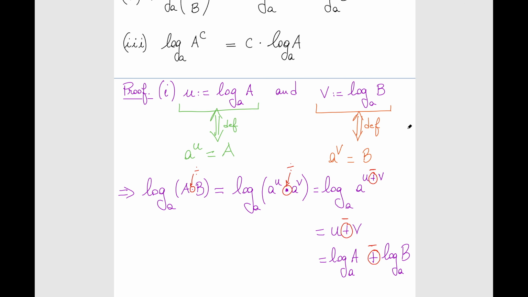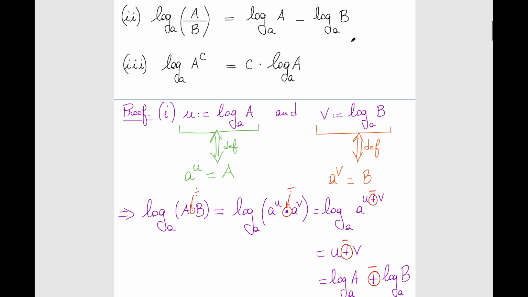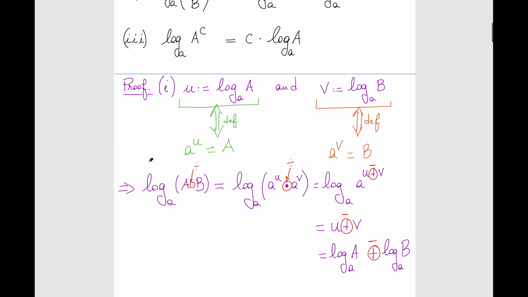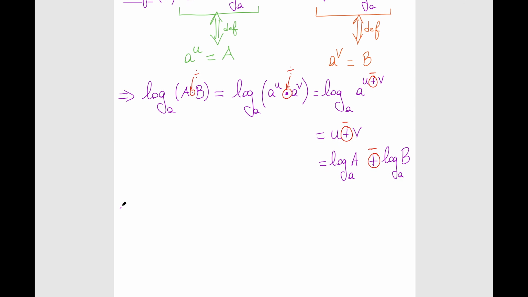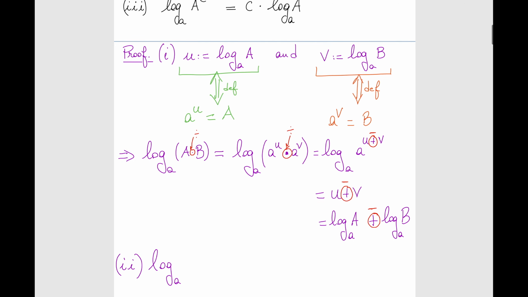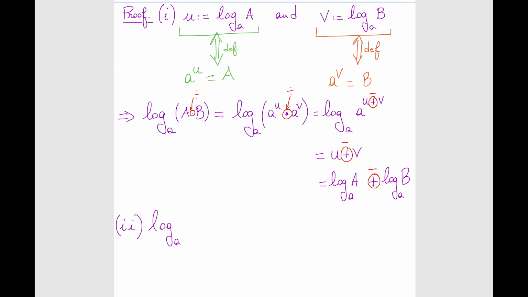Even though you believe that part 2 is true now, because we just showed it, let me show you a different proof for part 2 that actually uses part 1. Okay? So for part 2, let me write log base a of A as log base a of (A over B) times B. First, do you agree that this is correct?